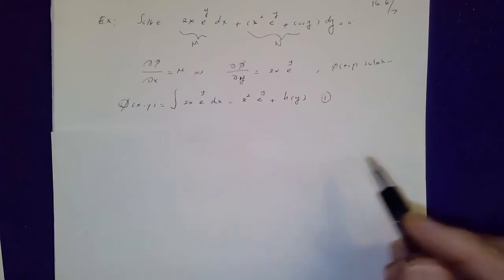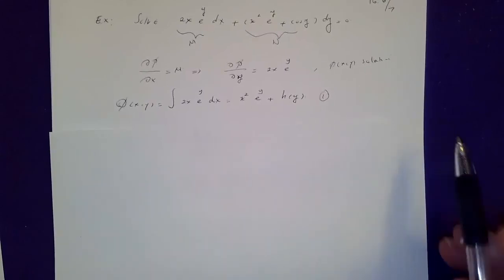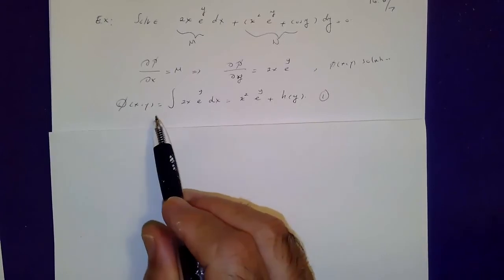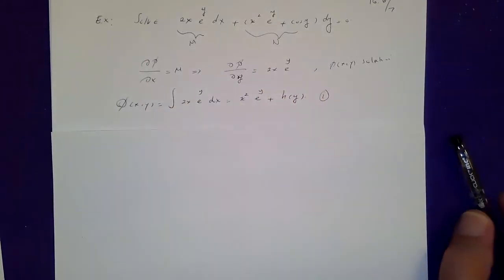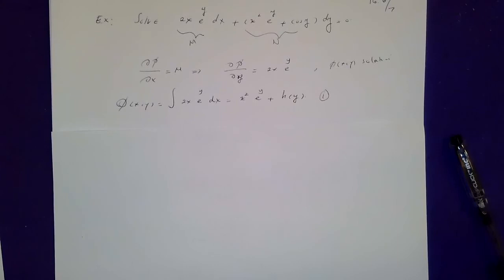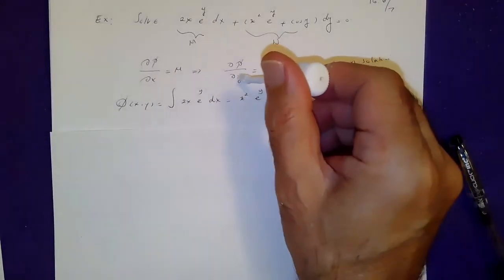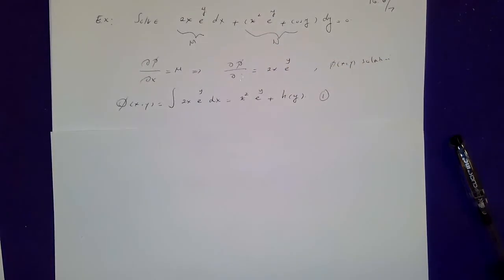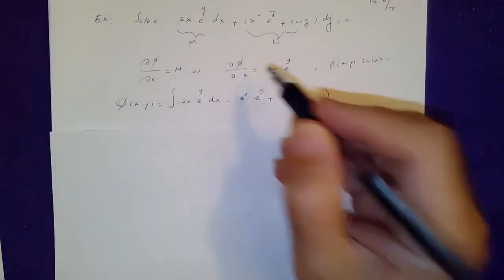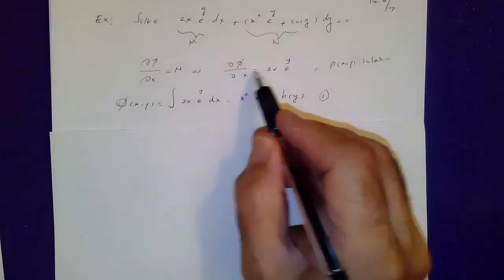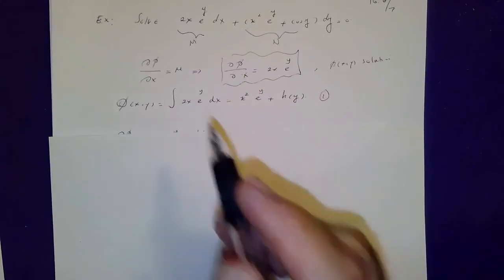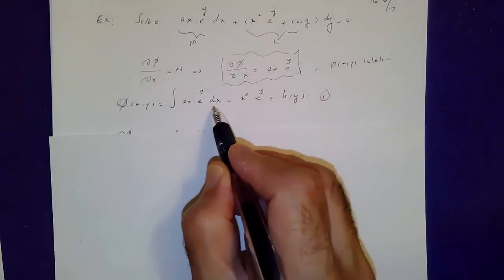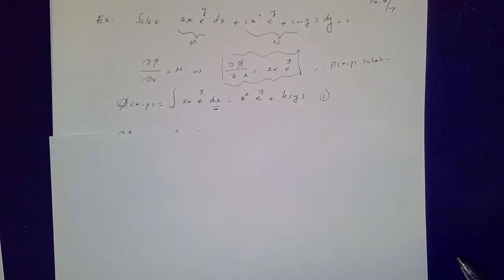So here's basically what we do. We take the partial derivative of phi with respect to x, which happens to be M. In order to solve this equation for phi, we take the antiderivative with respect to x.